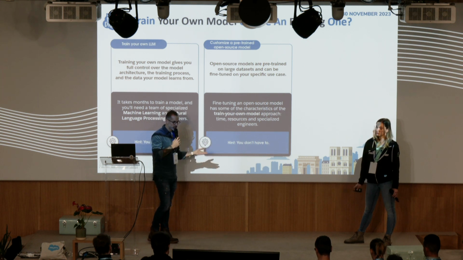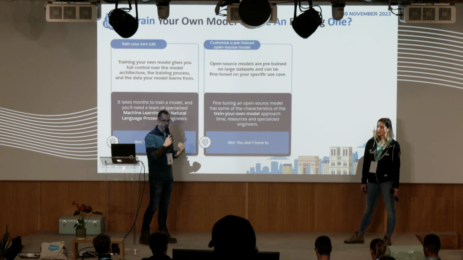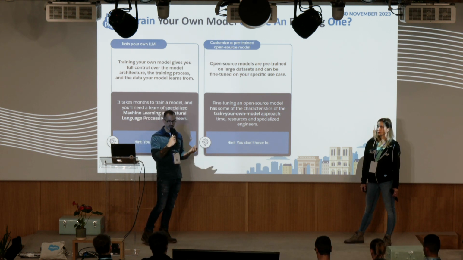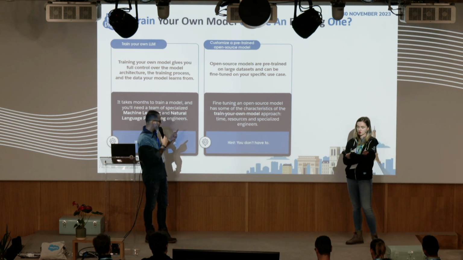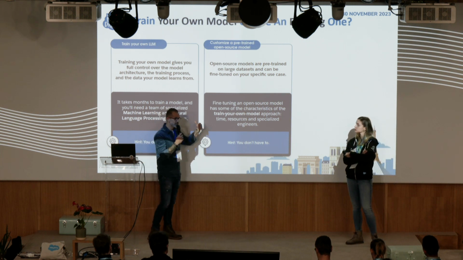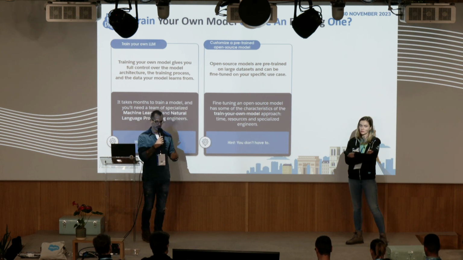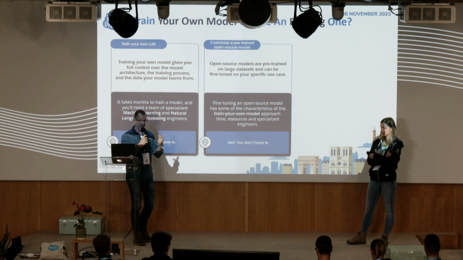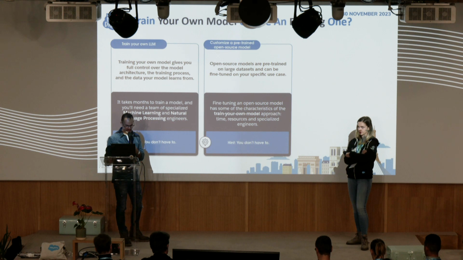Another one is to use a pre-trained model and customize it. Open source models exist, and then you can train them on top to fine-tune. So you want to bring more relevancy by training the existing model. If you do that, you will also need time to do so, so actually you have the same limitation. You need months to train the model, and you also need competent resources, data scientists.